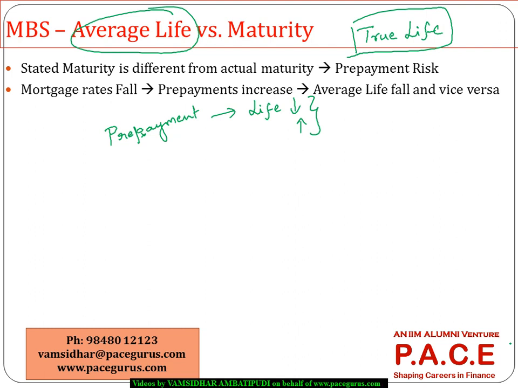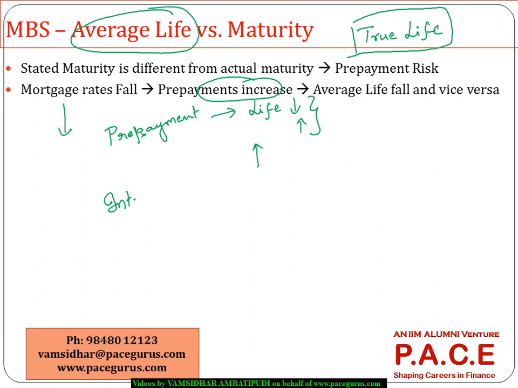Sometimes, when the mortgage rates are falling, when the interest rates are falling, the prepayment rate can increase, which means the average life is going to go down. If the prepayments are much higher, the average life goes down. This is where we talk about two risks.